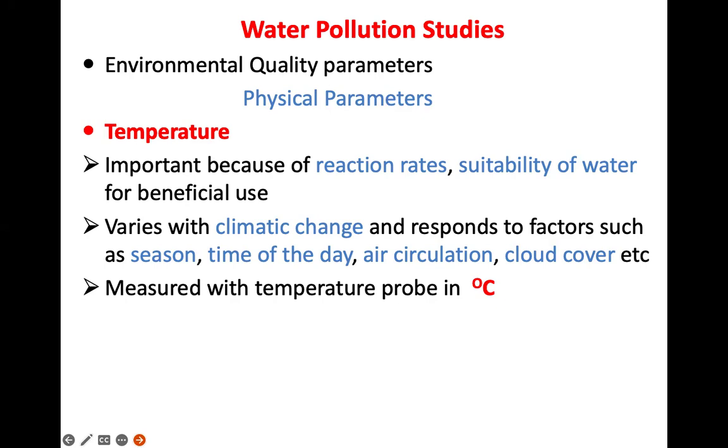Assuming the temperature of the stream is, let's say, 20 degrees Celsius, there are some aquatic organisms that are used to this temperature of 20 degrees Celsius. And so if we are discharging water of temperatures going beyond 30, 35, and even 40 degrees Celsius, it means we are going to offset the temperature of the stream. And here, aquatic organisms that are used to these temperatures can be killed.